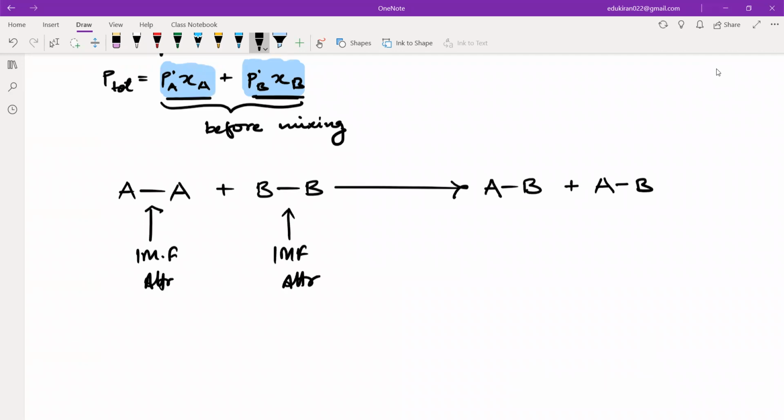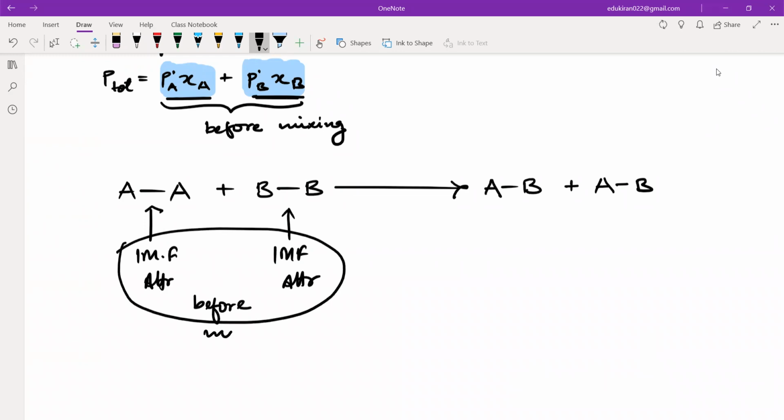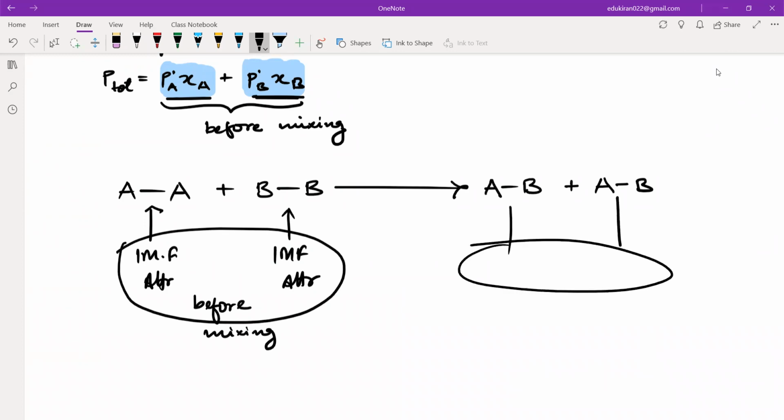These are the intermolecular forces of attraction of before. Before what? Before mixing. Then we have new intermolecular forces of attraction. These intermolecular forces of attraction are after mixing.